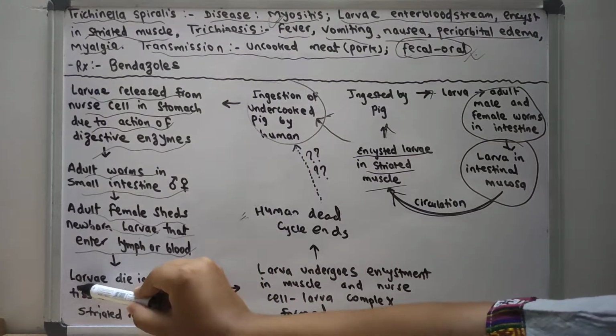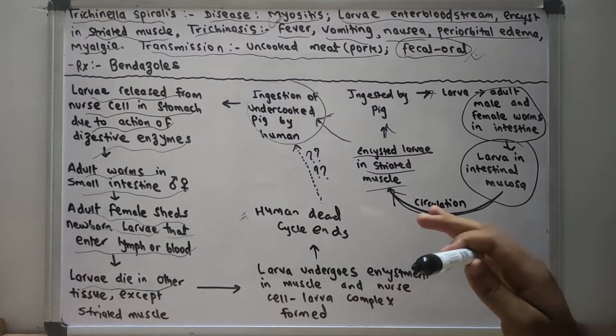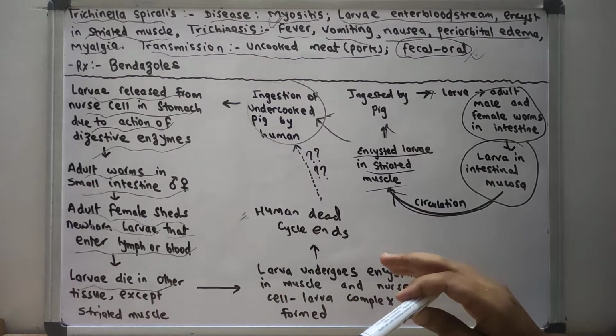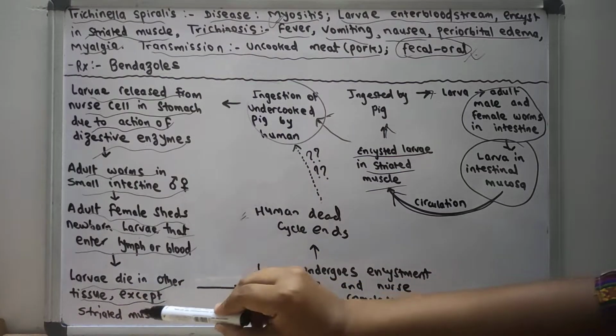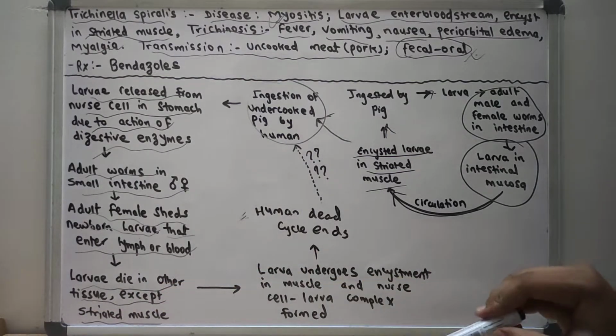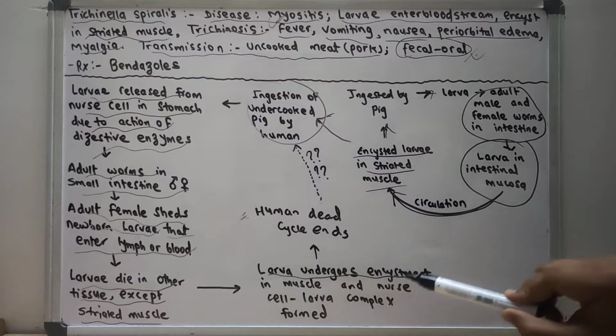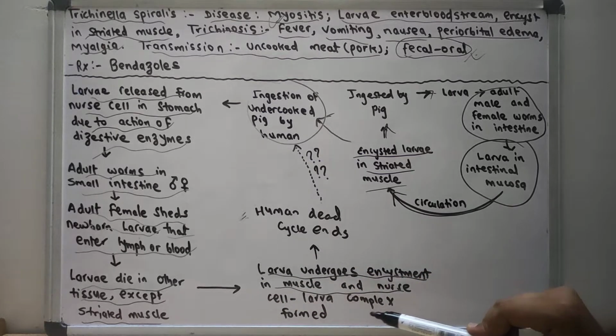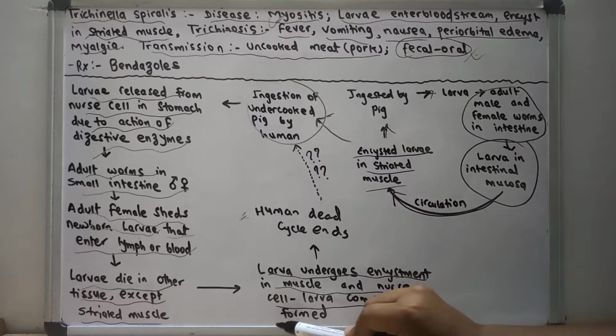The larva dies in all other tissues except the striated muscle, where it undergoes encystment, and the nurse cell larva complex is formed.